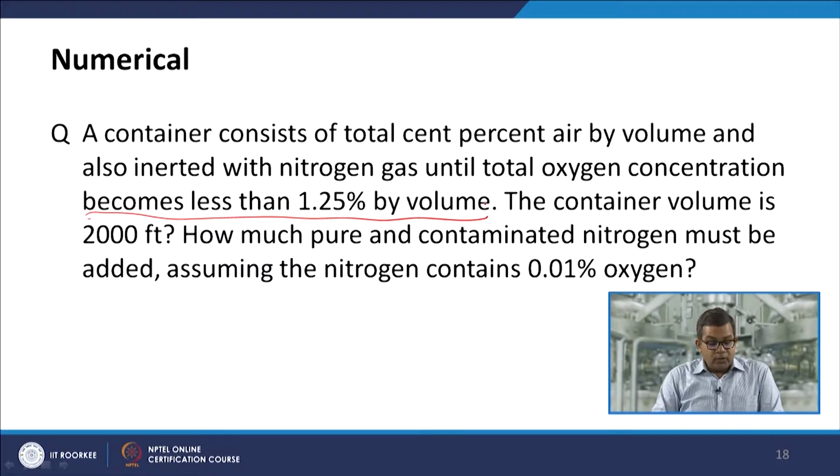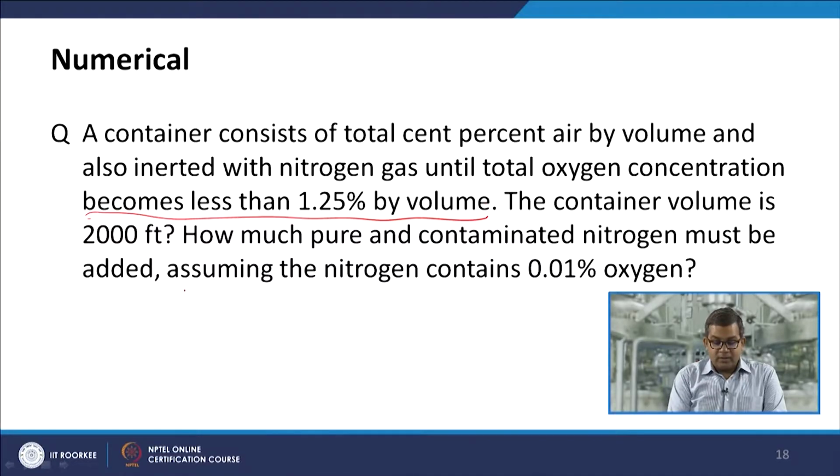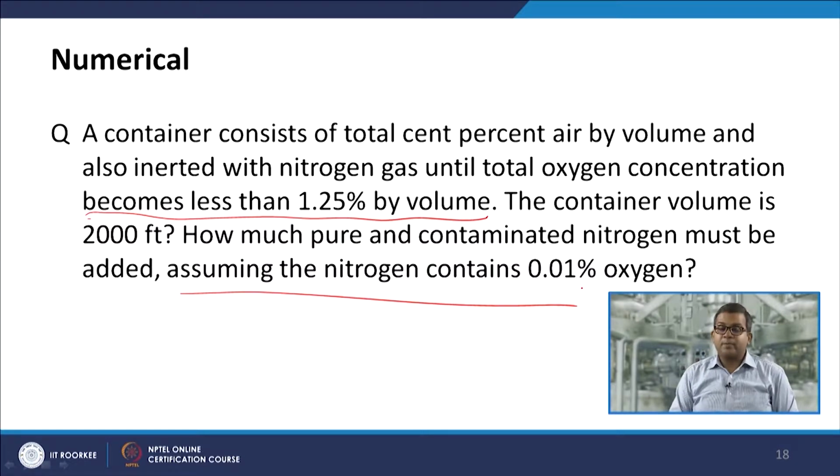The container volume is 2000 cubic feet. You need to find out how much pure and contaminated nitrogen must be added, assuming the nitrogen contains 0.01% oxygen. So nitrogen is playing a role as the inerting media.